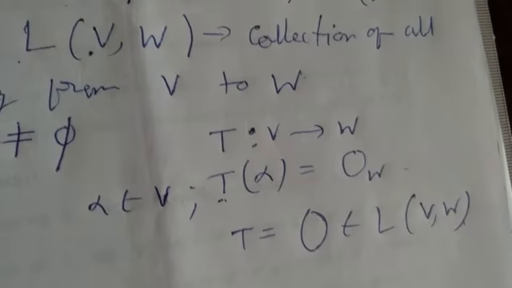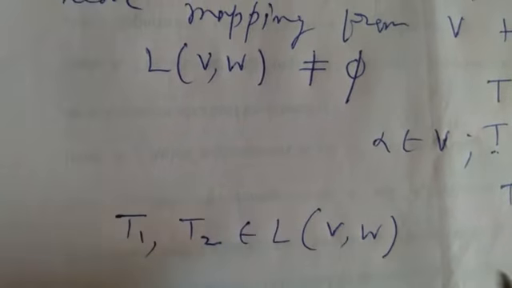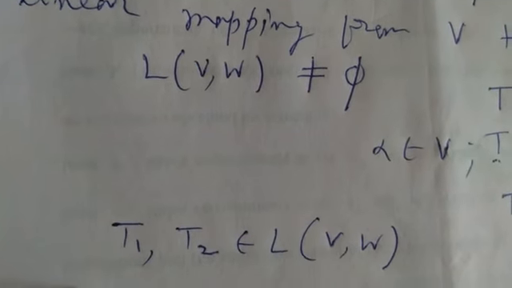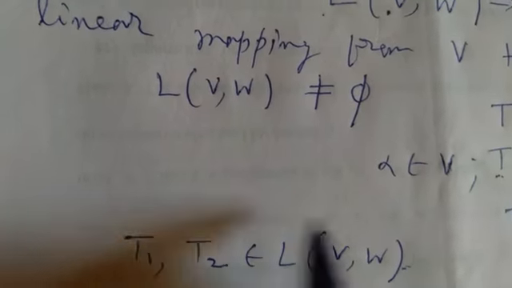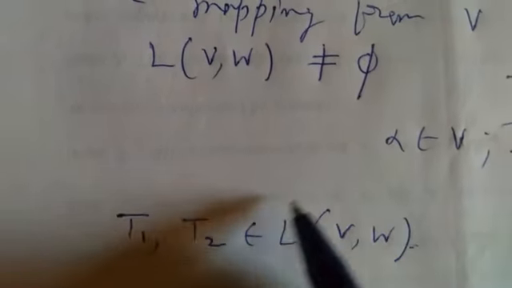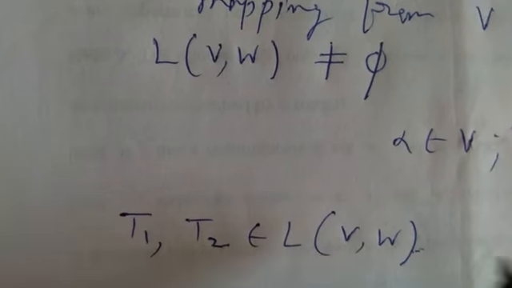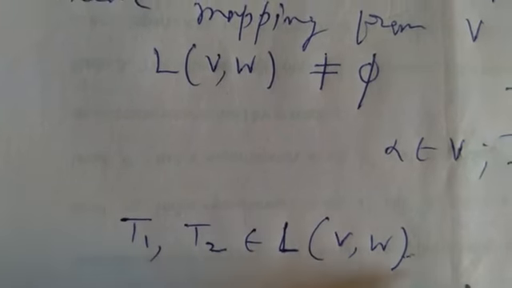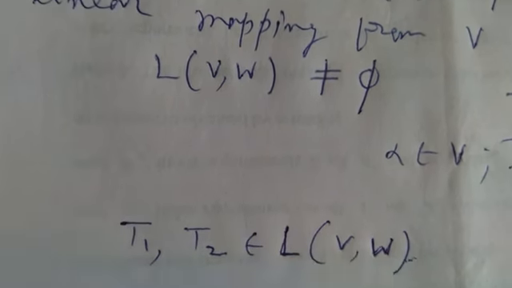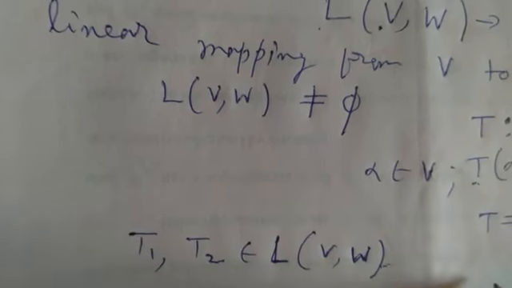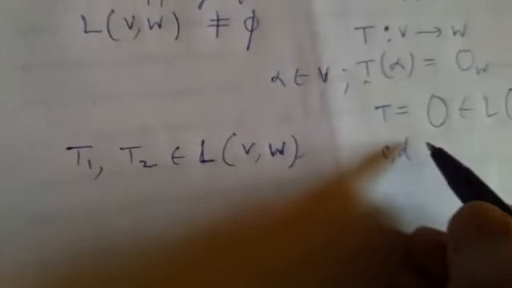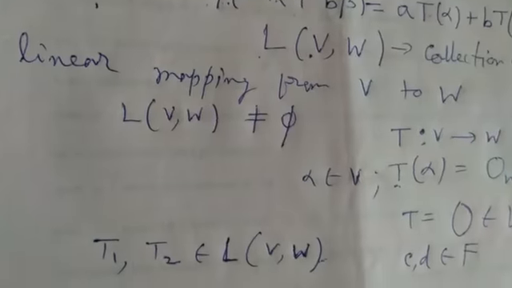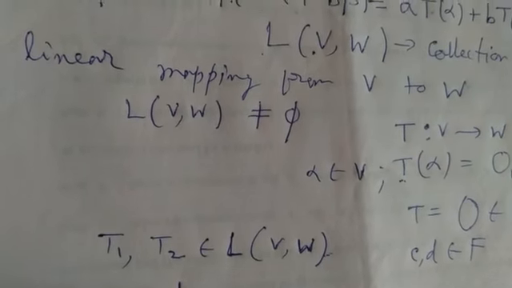Now, if you take two mappings T1 and T2 from L(V, W), then we want to show that this is again a vector space over the field F. So if you take two scalars c, d from F, then what about cT1 plus dT2?